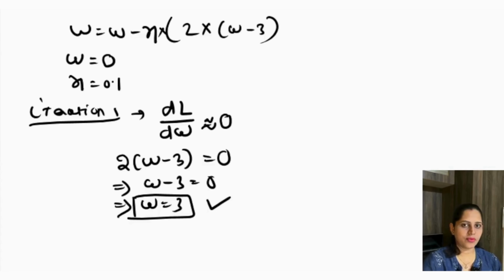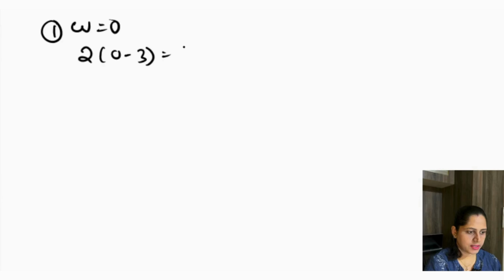So now we are doing the reverse thing. I am seeing, okay, to reach my weight equal to 3, how many iterations it is going to take. That's what I'm checking right now. So my first iteration, suppose weight equal to 0. 2 into 0 minus 3, I am getting minus 6, right? Then I'll update my weight: 0 minus 0.1 into minus 6, and I am getting 0.6 here.